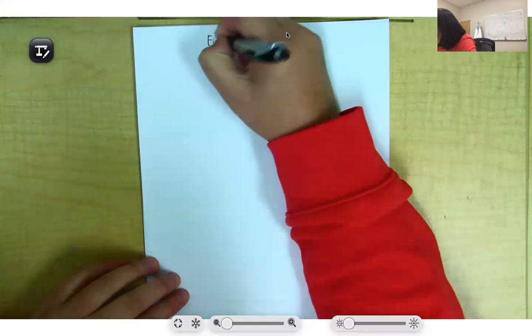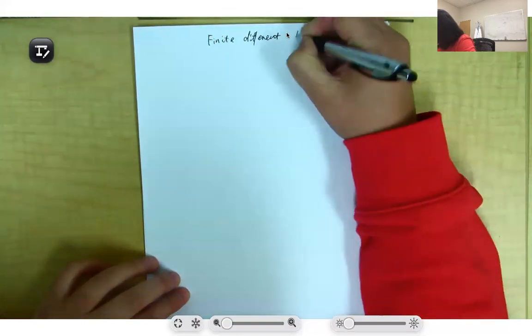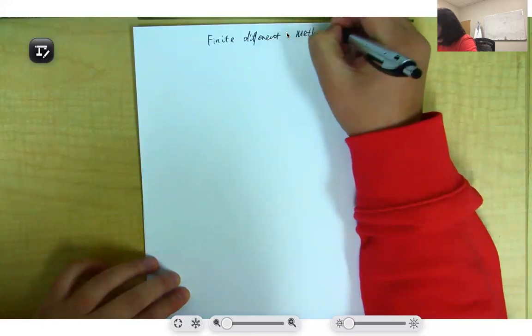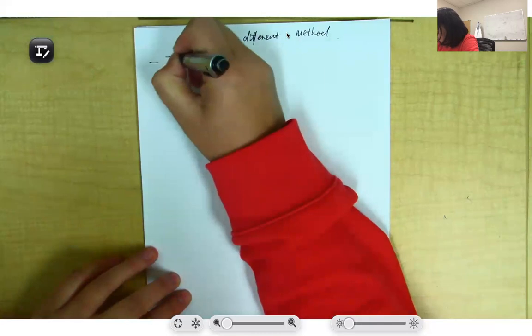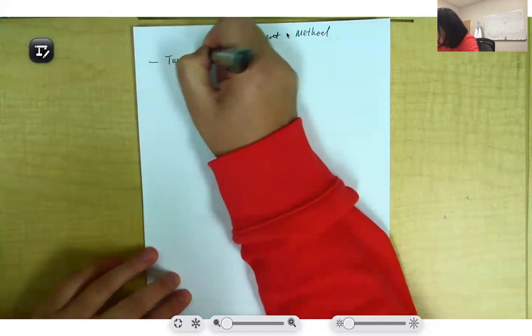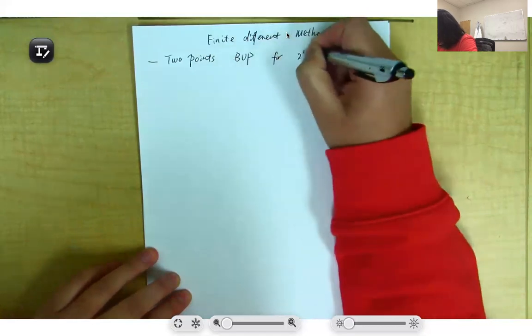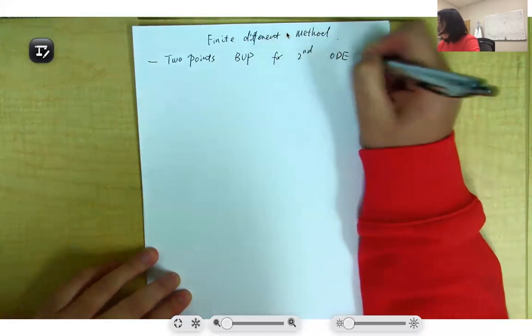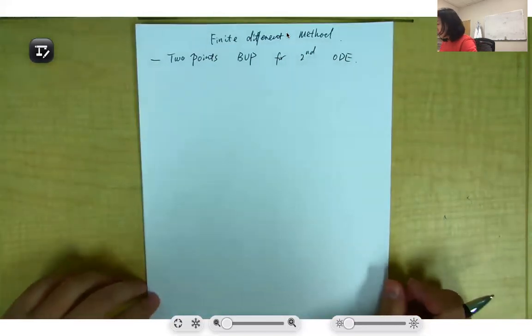The finite difference method. We will show a two-point BVP for a second order ODE. Instead of the shooting method, how we use the finite difference method.